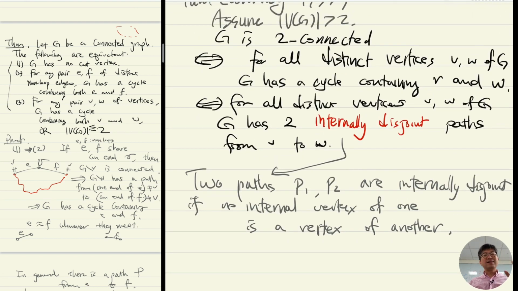So if you want to say the graph is two connected, you just need to show two internally disjoint paths between every pair of vertices. If you want to say the graph is not two connected, you just need to find one cut vertex: either the graph is disconnected, or here's a cut vertex, you delete it, and the graph is disconnected.